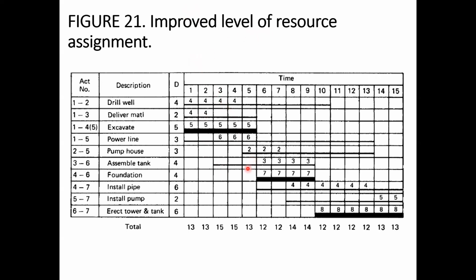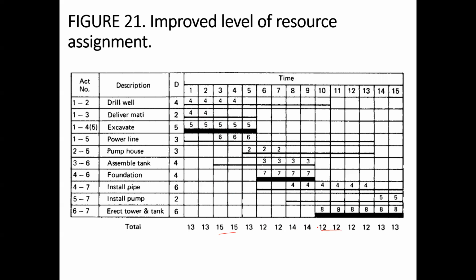So this is the same schedule. The only thing is that some of the changes have been made in this schedule. And then you can see that after making these changes, the resource requirements 13, 13, 15, 15, 13, are now only changing between 15 and 12.